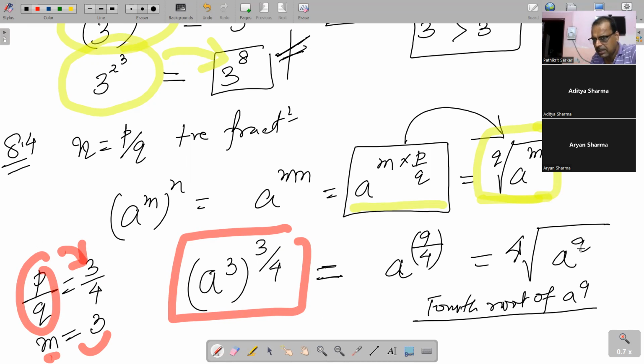Here a to the power 9 by 4 means the 4th root of a to the power 9, that means a to the power 9, whole to the power 1 by 4. So this 1 by 4 you can place like this. This is the way you can represent it.